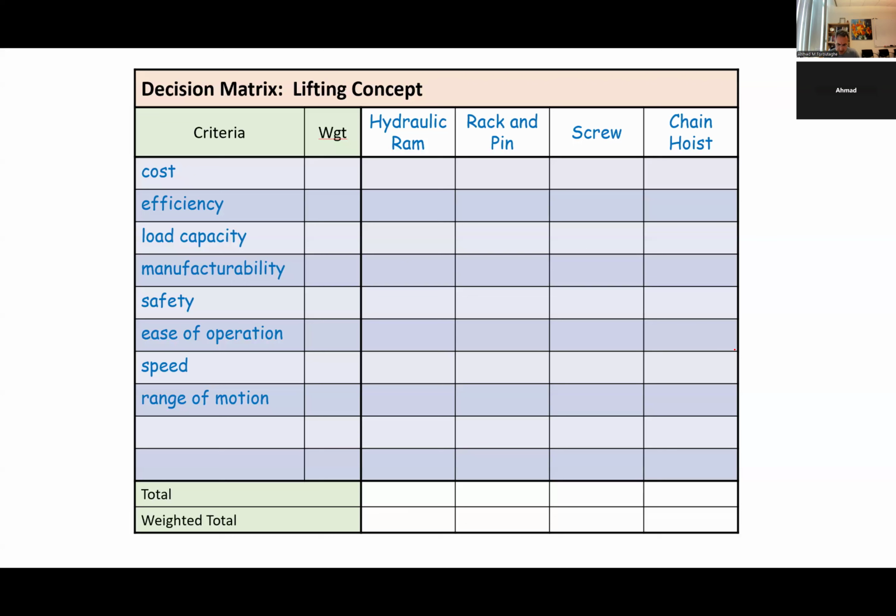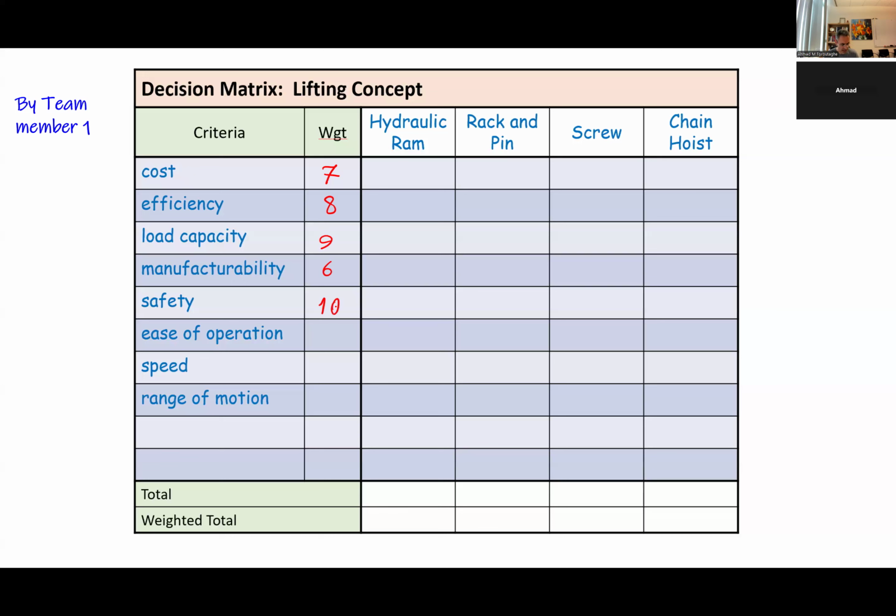So let's just, based on what we just discussed, say I'm team member number one. As team member number one, the weights that I chose are 7 here, 8. I have 9. I have 6.